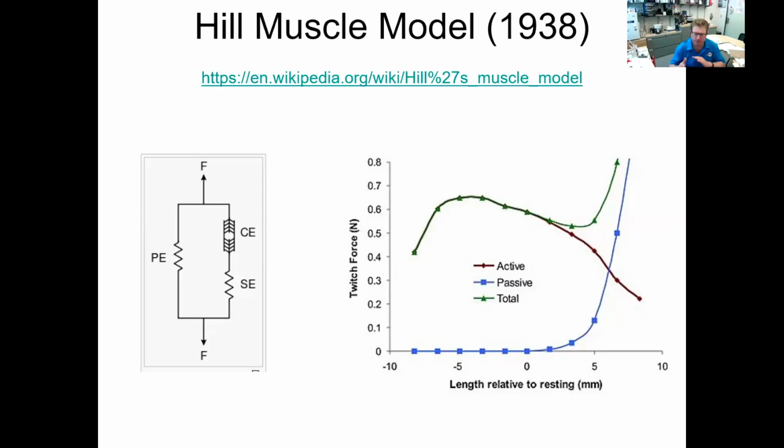So there's sort of a trade-off there at the longer lengths. And this concept has been very, very useful for many applications, even though it sort of is just a simple description of how forces change with the length of the muscle.